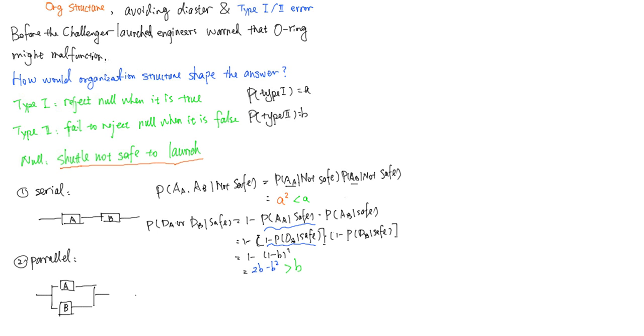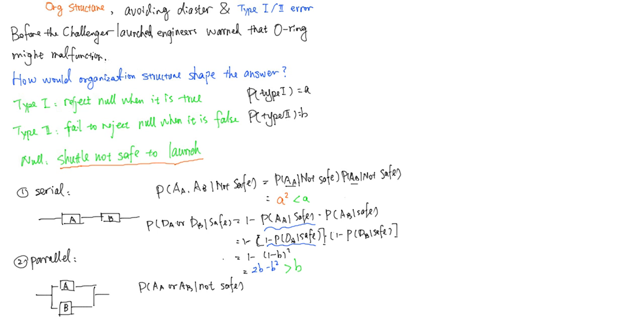So let's first consider the type 1 error. In this case, it means because either one of the units approve the launch, the shuttle will be launched. So that means we need to calculate the event that either A or B approve the shuttle to be launched when actually not safe.